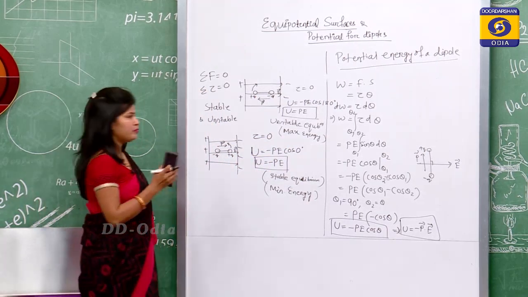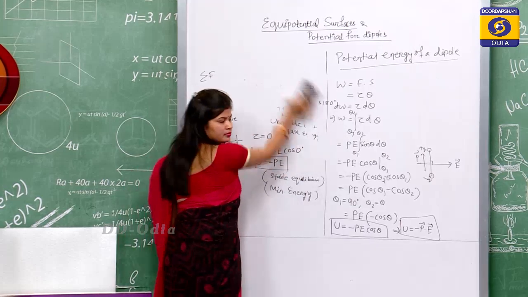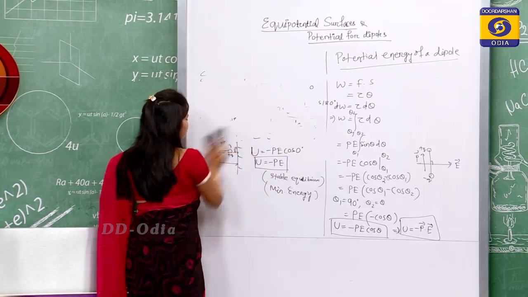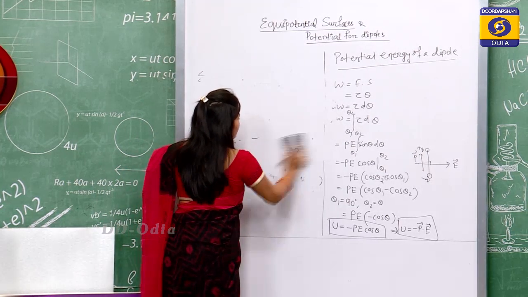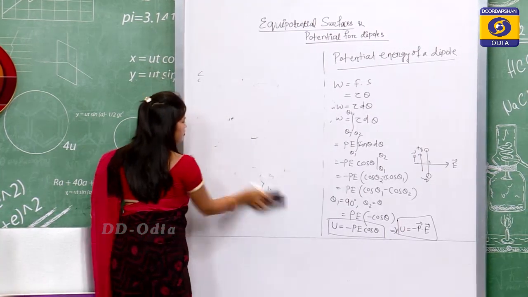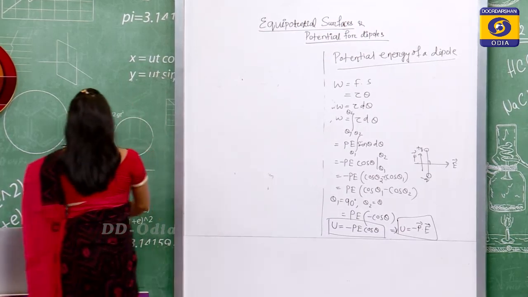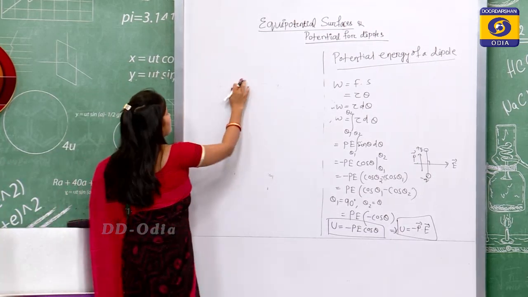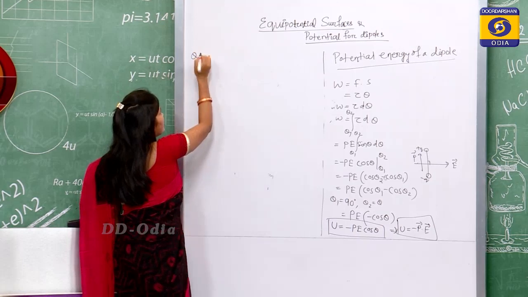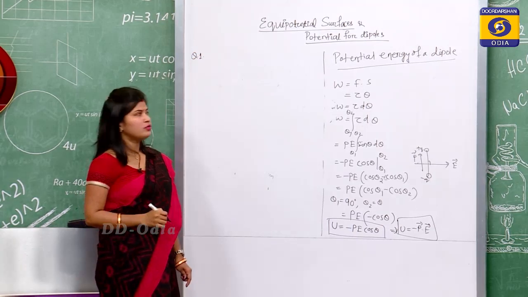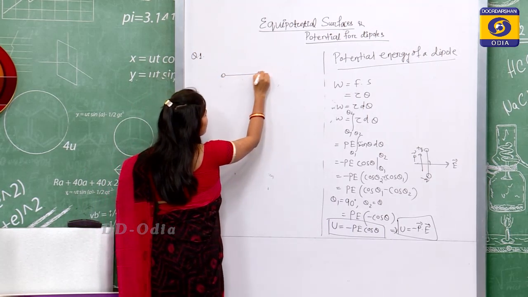Let us solve one problem here. Question number 1: what is the potential energy of a point charge and a dipole system?